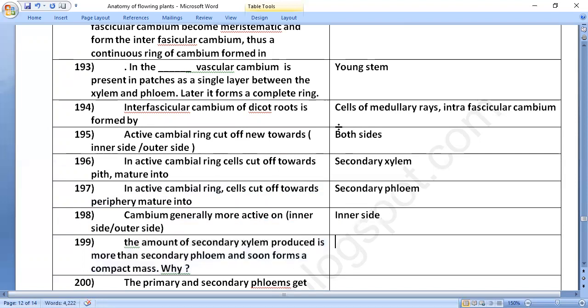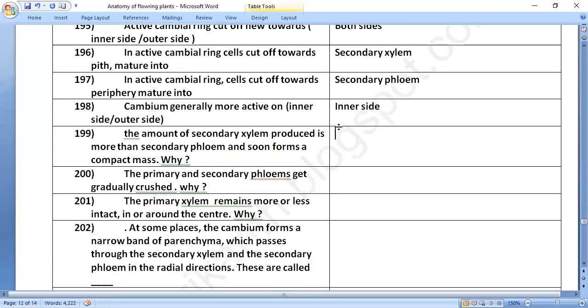The amount of secondary xylem produced is more than secondary phloem and soon forms a compact mass. Why? Cambium is generally more active on the inner side than the outer side.